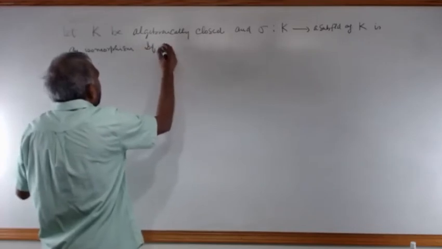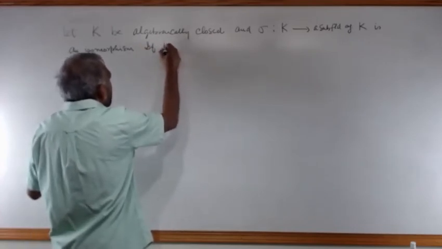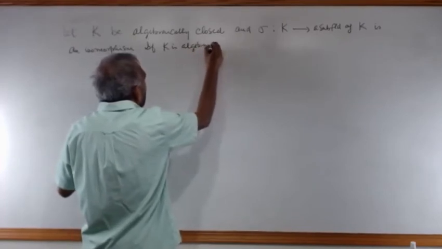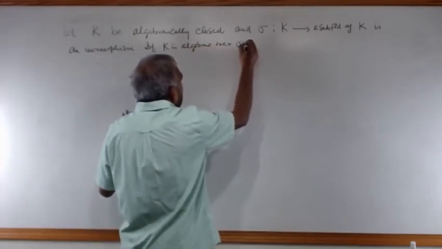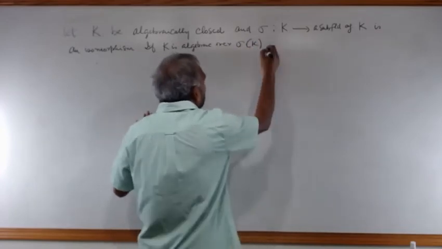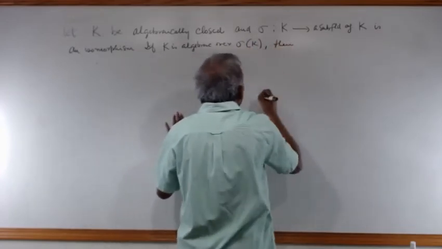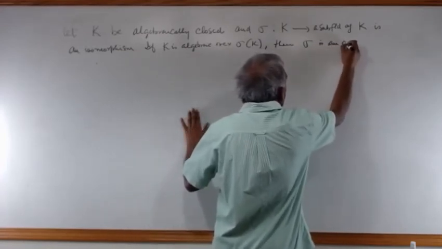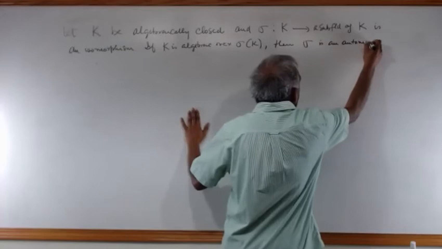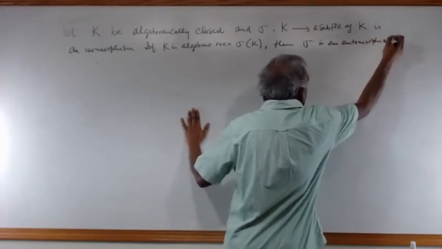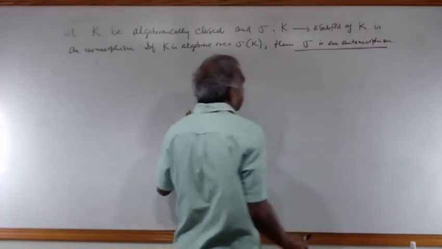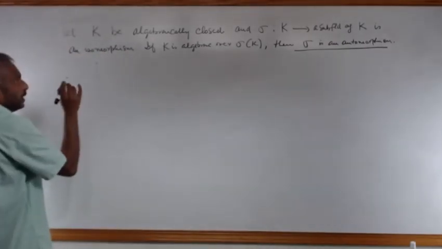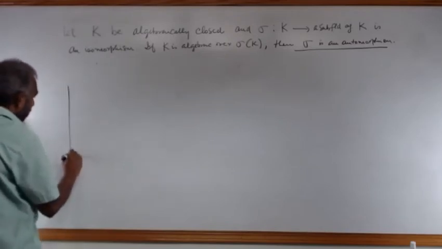If K is algebraic over the image of K, then sigma is an automorphism. That's what we want to prove. So let's draw the diagram here.